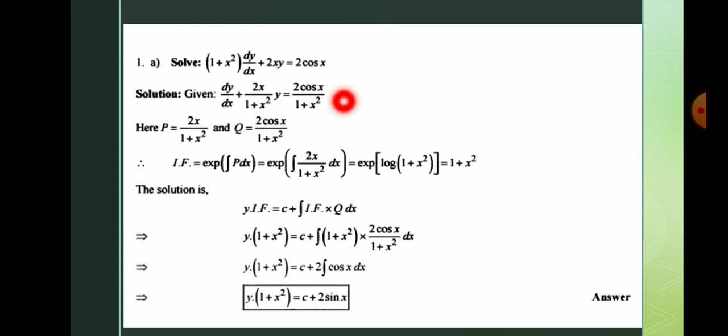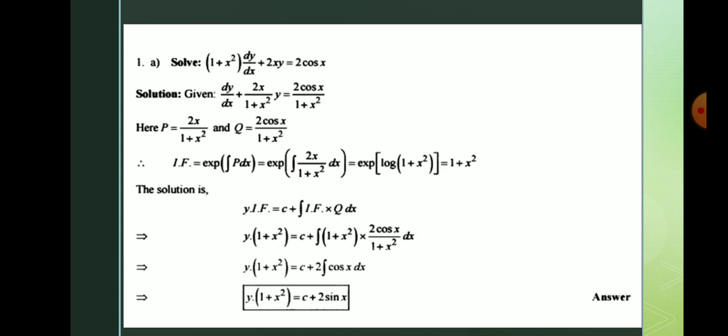If you compare with the standard form, dy/dx + Py = Q, then it is clear that here P = 2x/(1 + x^2) and Q = 2 cos x/(1 + x^2).